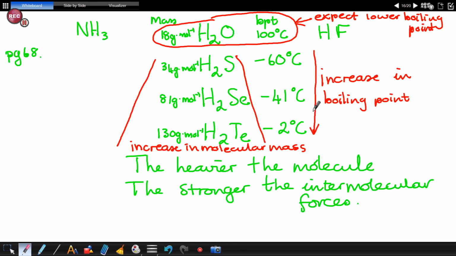That is why the people doing the research on these molecules had to distinguish between water, ammonia, and hydrogen fluoride. Because those are the smallest molecules with the smallest masses, they expected their boiling points to be the lowest, but it's not happening.